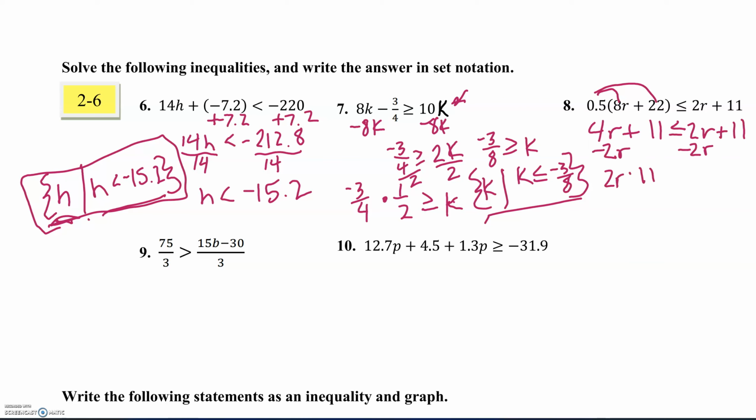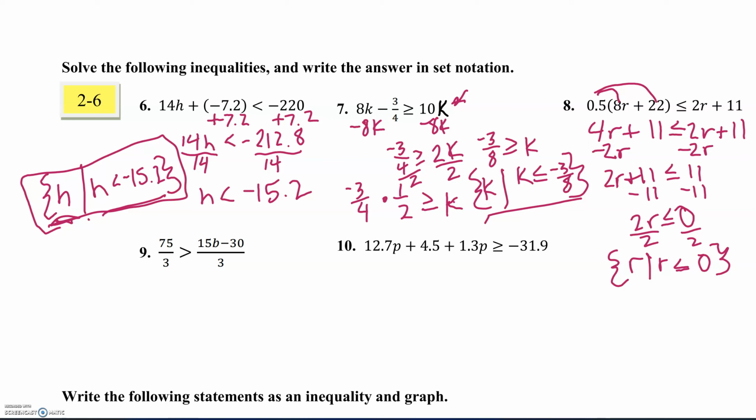So positive 2r plus 11 is less than or equal to 11. Subtract 11. Positive 2r is less than or equal to now 0. So that side doesn't just disappear, it just becomes the number 0. And I'm going to divide by 2. And r is less than or equal to 0. And let's make that in set notation. There you go.